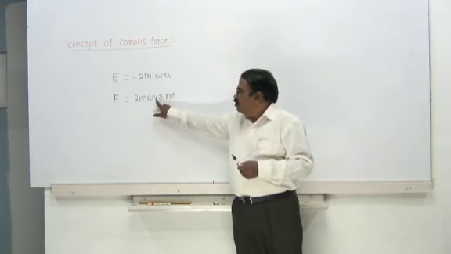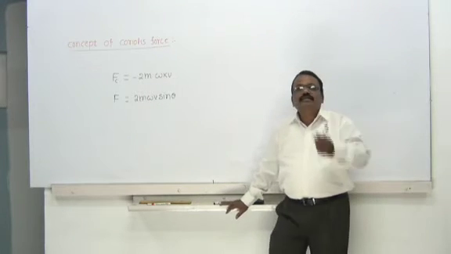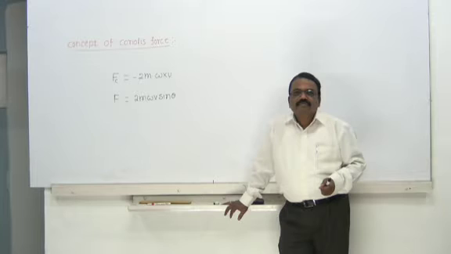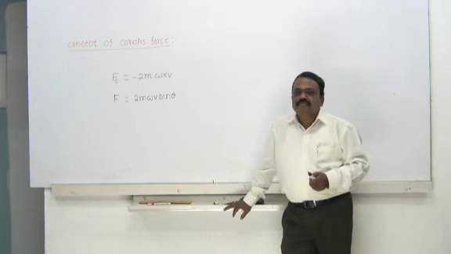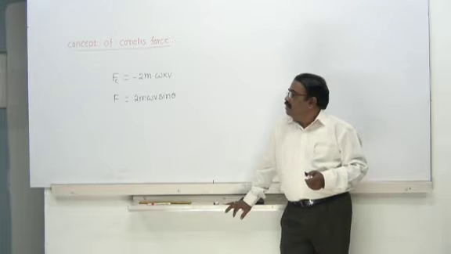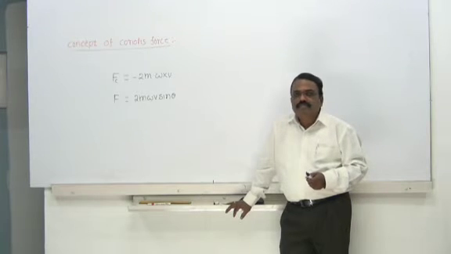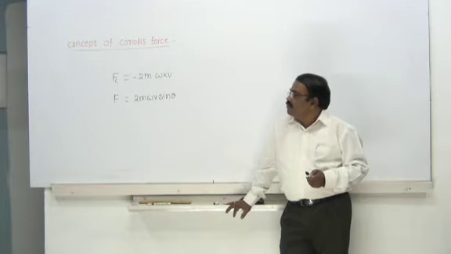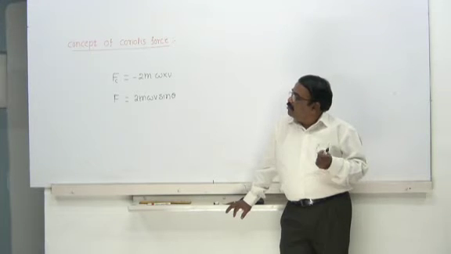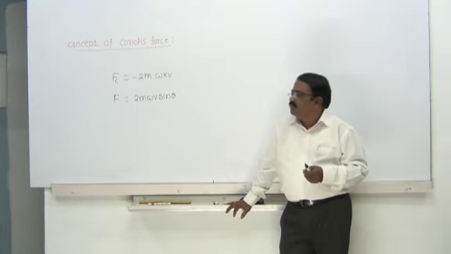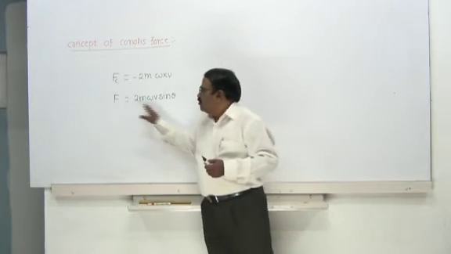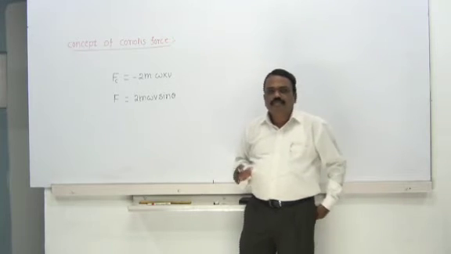Then if V is 0, that means the particle is at rest, then the Coriolis force becomes 0. And if theta is 0, meaning omega and V are parallel, then this Coriolis force is 0.